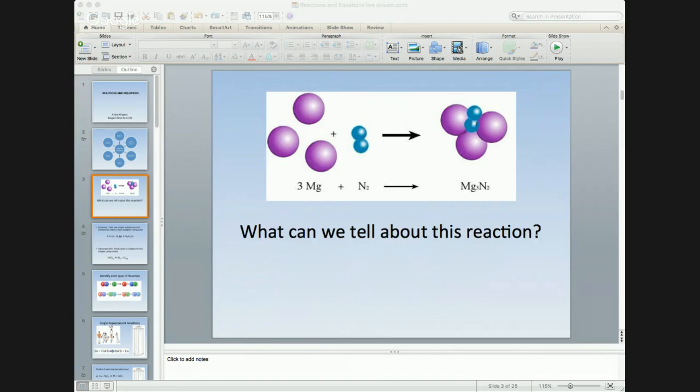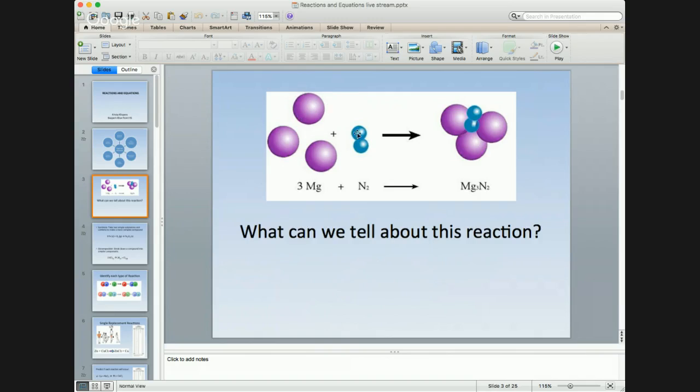Okay, so what can you tell me about this reaction here? Take a second and think about it. What can you tell about this reaction if you just looked at it? There's a couple different things you'd be able to tell. When I'm looking at this reaction, I can tell 2 different things. One, I'm starting with a couple magnesiums.